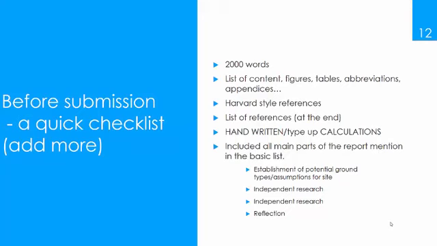It should be detailed design and reflection. I corrected this slide, so you need to include establishment of potential ground type assumption foresight, independent research, detailed design, and reflection.